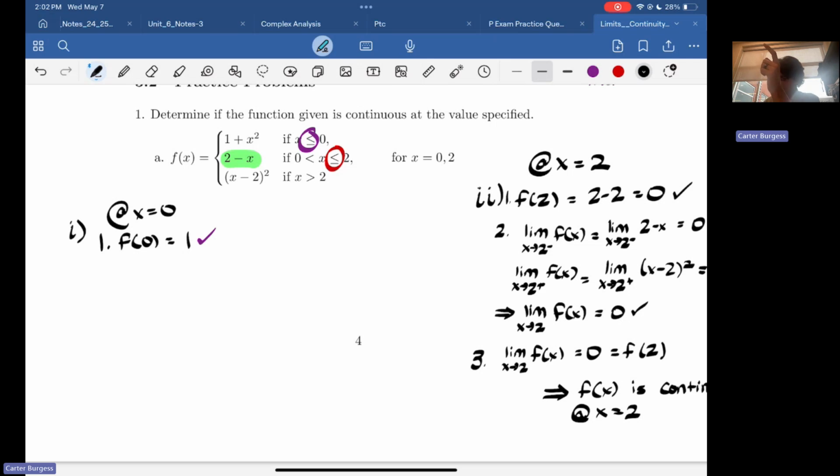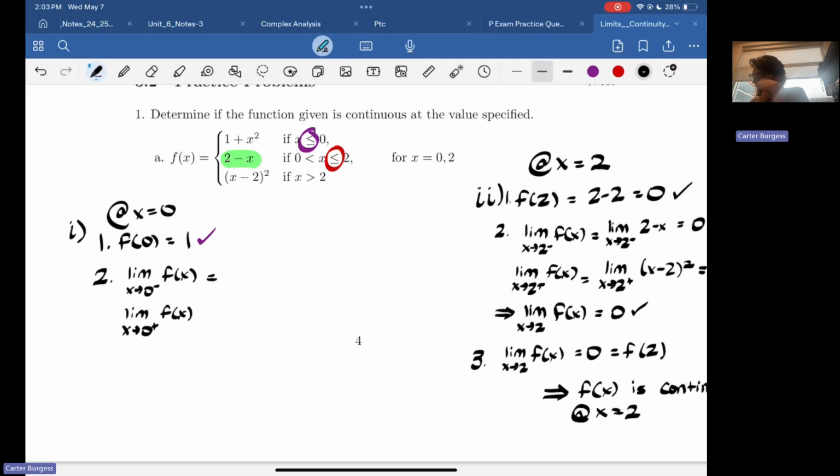Okay, now we're going to do our second check, which is directional limits. So we have the limit as x approaches 0 from the left, and we need to look at the limit as x approaches 0 from the right. If I'm looking at values that are a little bit less than 0, which function do I care about?